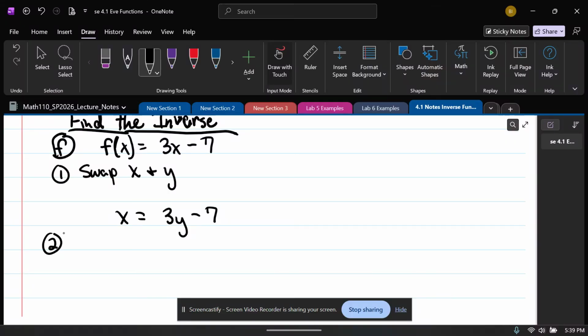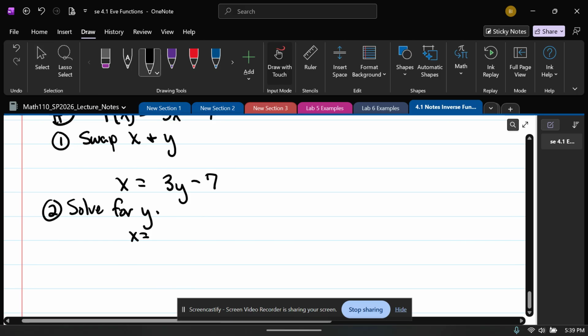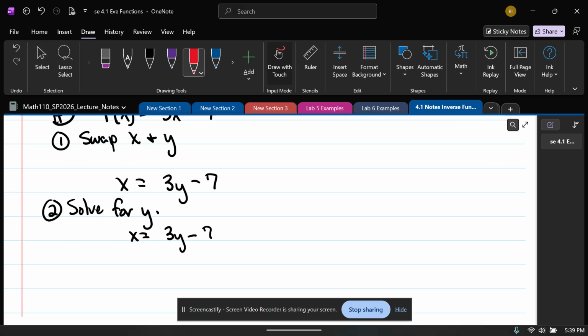Step two is you solve for y. Okay, so we've got that equation. We've got the x equals 3y minus 7. I'm going to get y by itself. So what would be my first step? Add 7. X plus 7 is equal to 3y. Y is almost by itself.